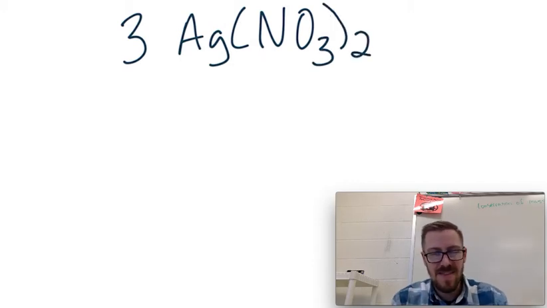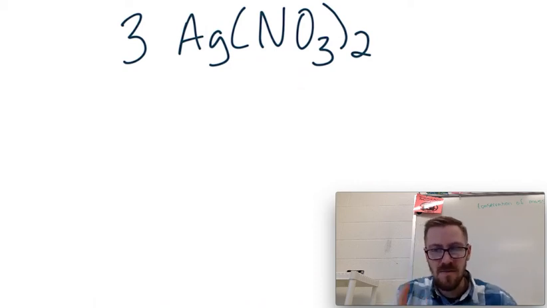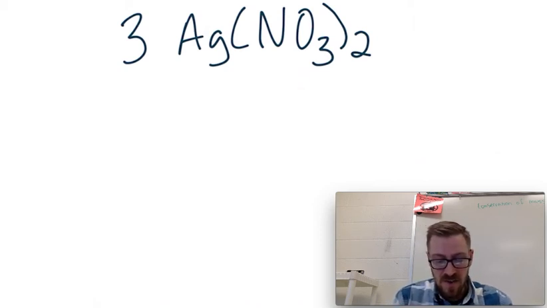I think that's a real thing, but I might have got the formula wrong for silver nitrate. If you're into Googling things, don't fact check me on this. I'm just using an example of how to show these rules. So you can see here we have a subscript by itself, so that only applies to the O. We have a subscript on the outside of parentheses, so that applies to everything inside the parentheses. And then we have a coefficient out in front.